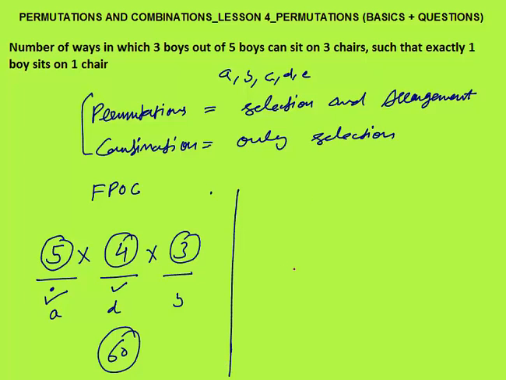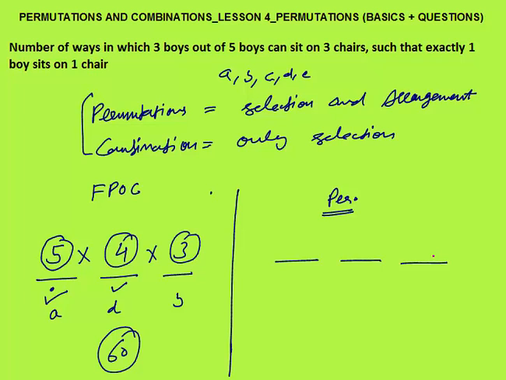Now this can be solved with the help of permutation, that is selection and arrangement. I have 3 chairs. Now 3 chairs can be filled by only 3 boys at one point of time, but I have 5 boys.